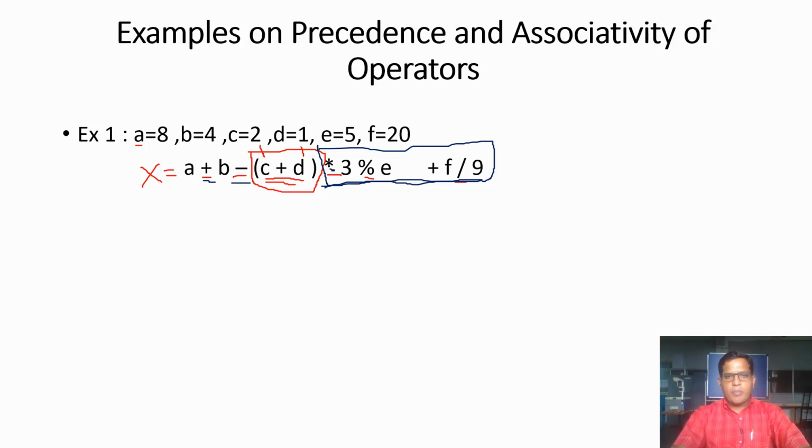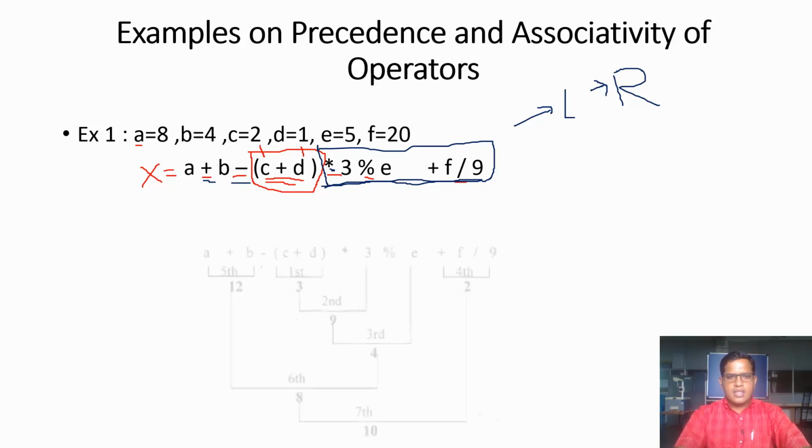Why? Because these operators are having left to right associativity, and as the multiplication operator appears first at the leftmost side, whatever result is obtained by evaluating C plus D gets multiplied with 3. So this operation is first done.